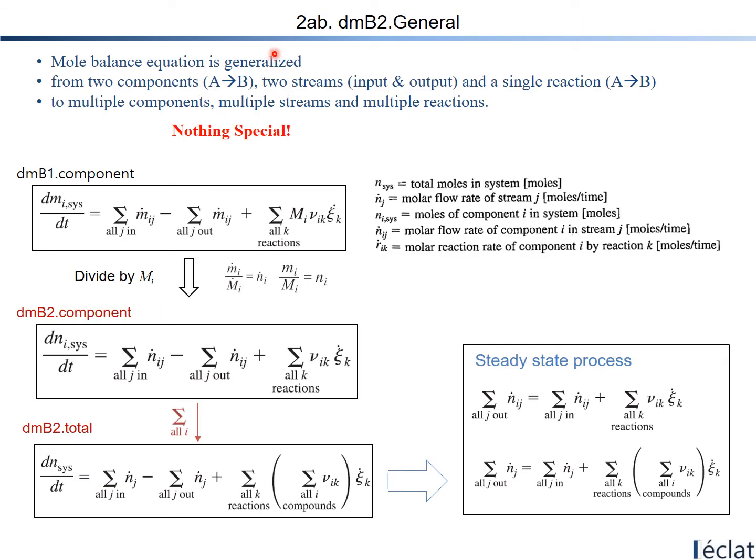Let's move from the mass balance equation to the mole balance equation in a general form. Here, moles are used instead of mass. In this slide, the mole balance equation is generalized from two components, A to B, two streams, input and output, and a single reaction A to B, to multiple components, multiple streams, and multiple reactions.